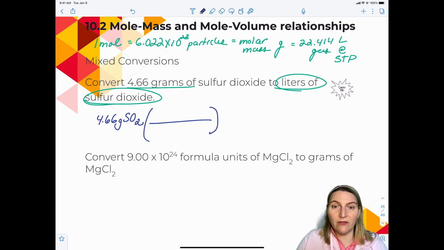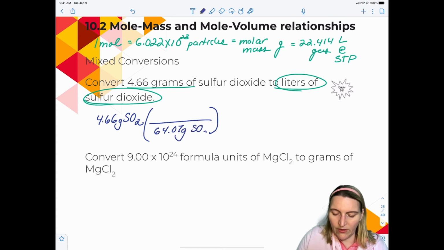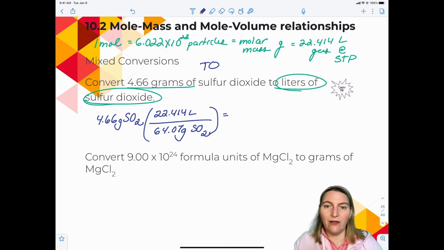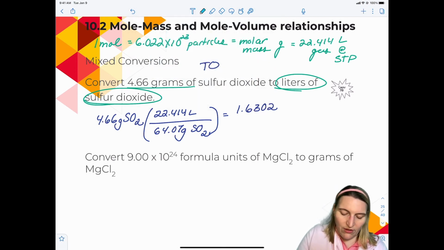The molar mass of SO2, so 1 sulfur, 2 oxygen, is 64.07 grams. And I want to go to liters, so I'm going to put liters on the top. And that is, of course, that number, 22.414 liters. And in my calculator, multiply by the top, divide by the bottom, 1.6302. And then I go check for significant figures.